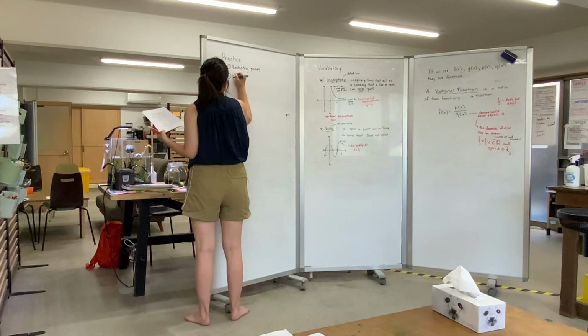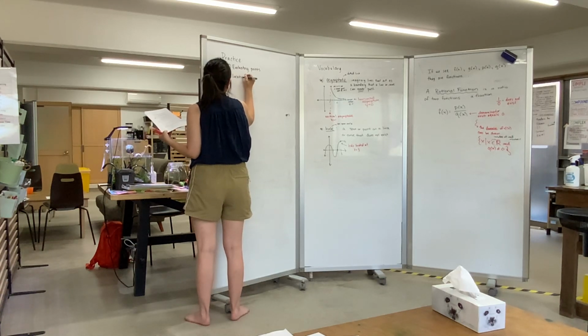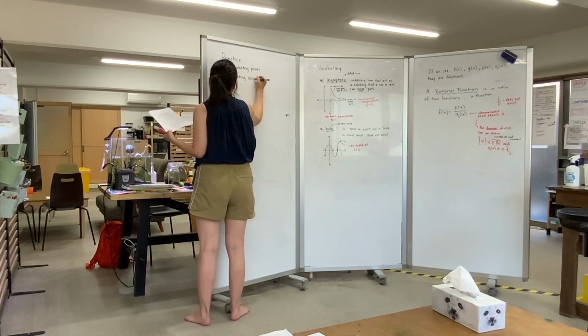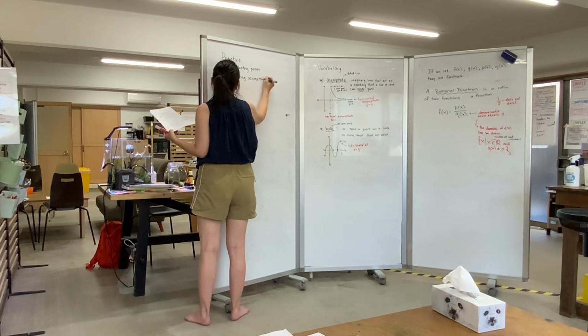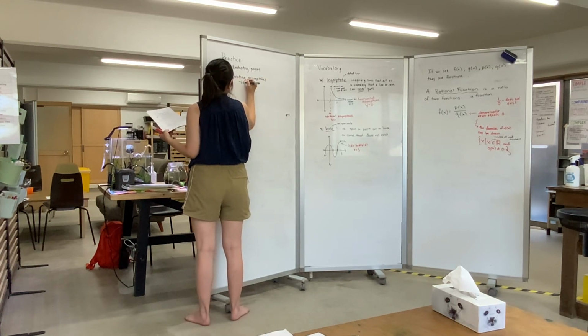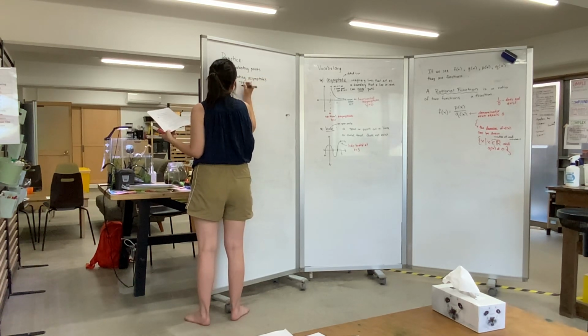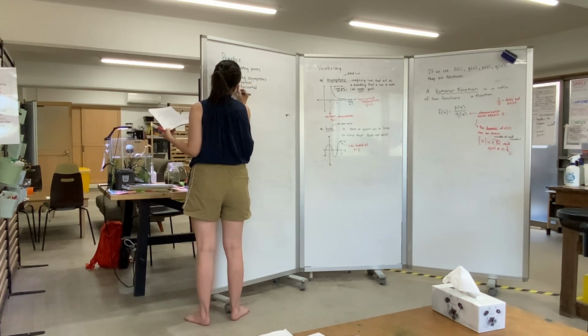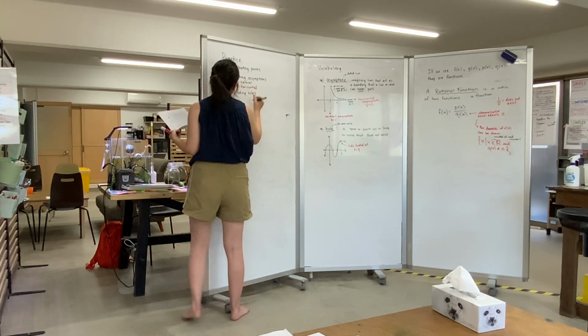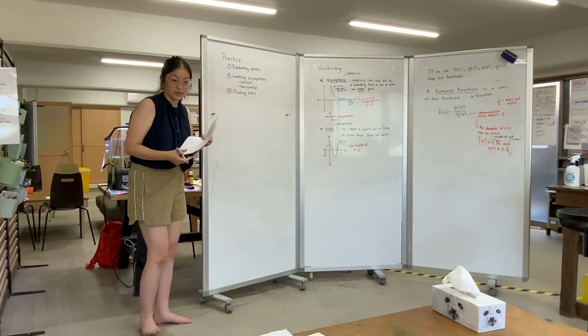Two, locating asymptotes, both vertical and horizontal. And then three, finding holes. My favorite is three, but we must learn all of them.